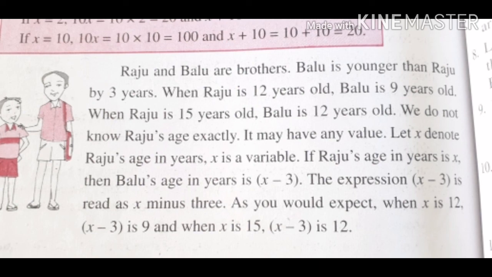When x is 12, that means when Raju's age is 12, Balu's age is x minus 3. x minus 3 means 12 minus 3 is 9. So Balu's age should be 9. When Raju's age is 15, x minus 3 is 12. How? 15 minus 3 is 12.